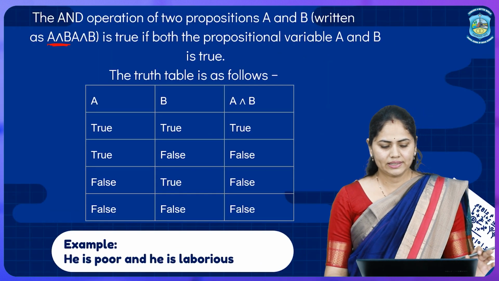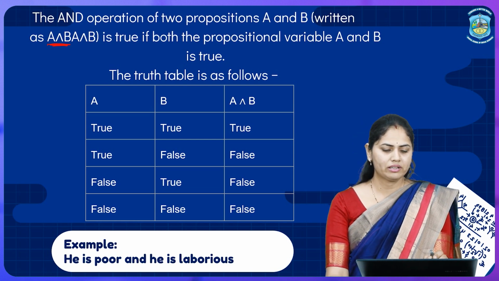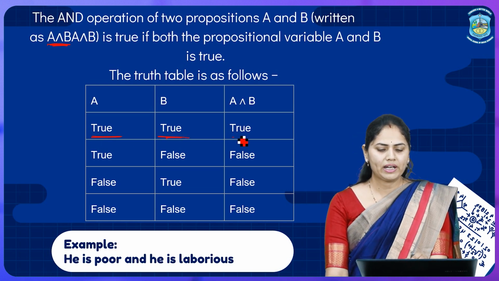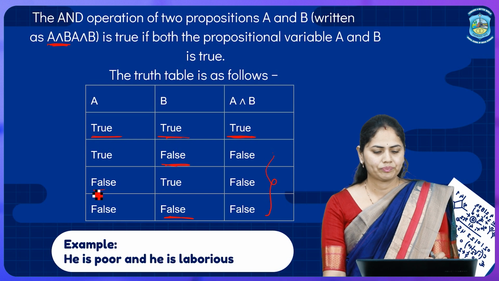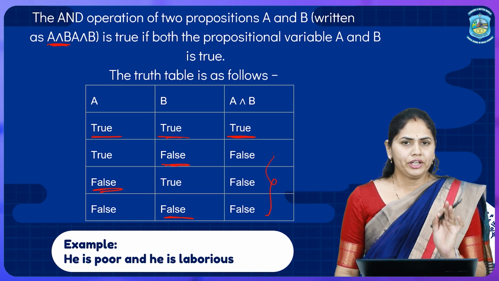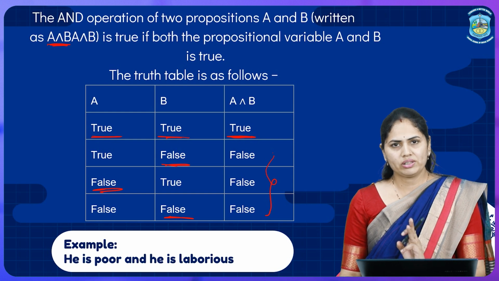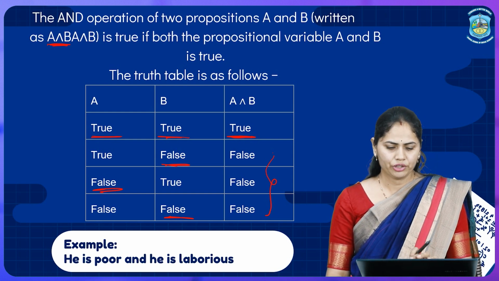Here is an example: he is poor and he is laborious. Both the statements are true, so its truth value is true, and if any of the statements is false, its truth value will be false. So, we need to remember one thing here: if both the statements are positive or true, then only we will get the truth value as true.